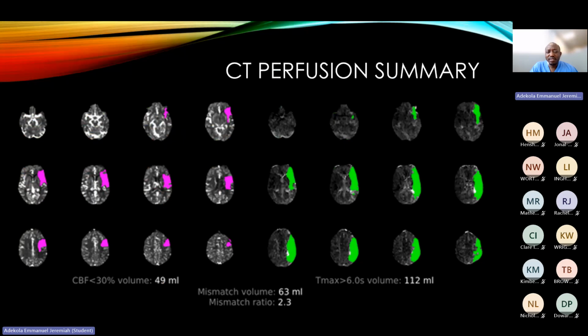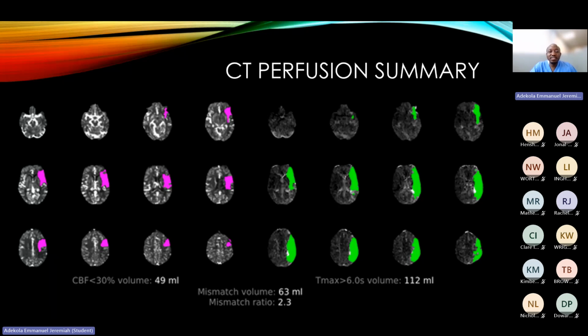And this is how the CT perfusion looks. For a different model of it, the image might appear a bit different in your center.